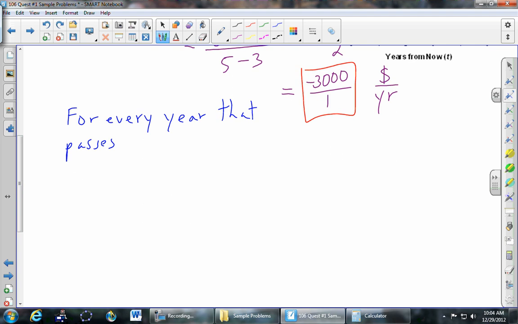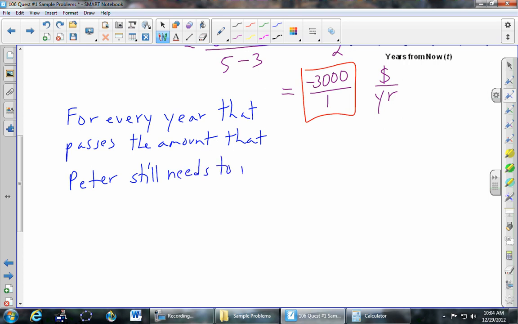So for every year that passes, the amount that Peter still needs to pay off. And what is it doing? It's changing by negative $3,000.